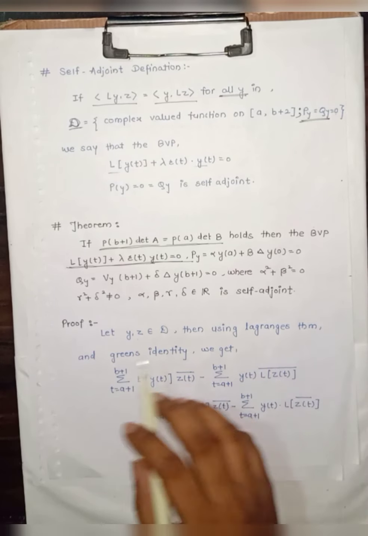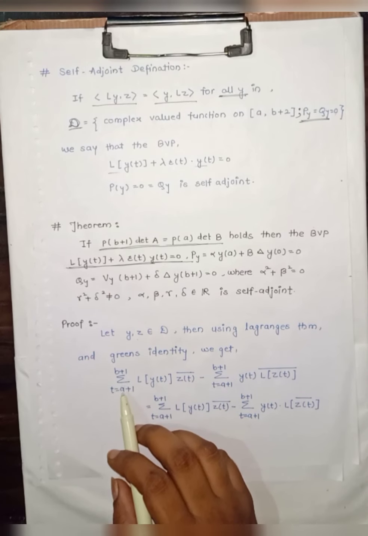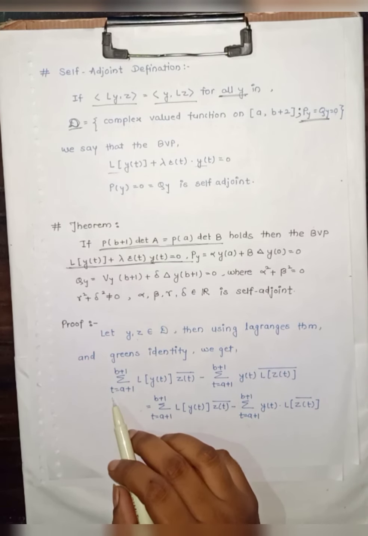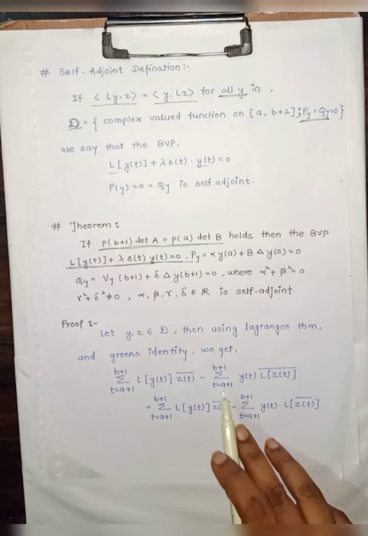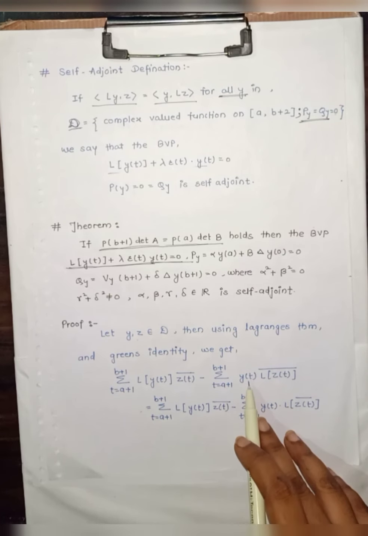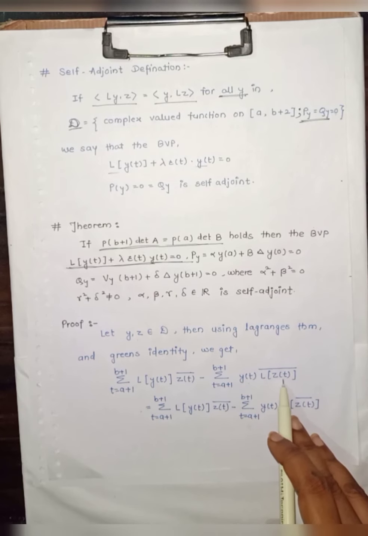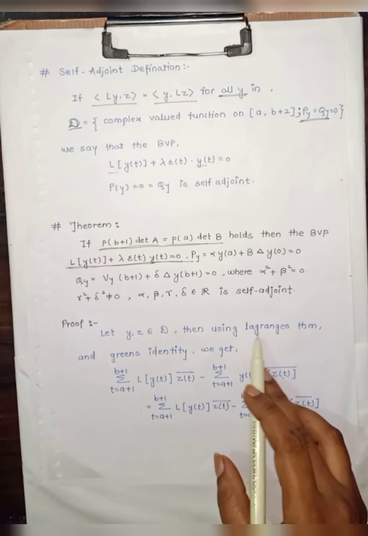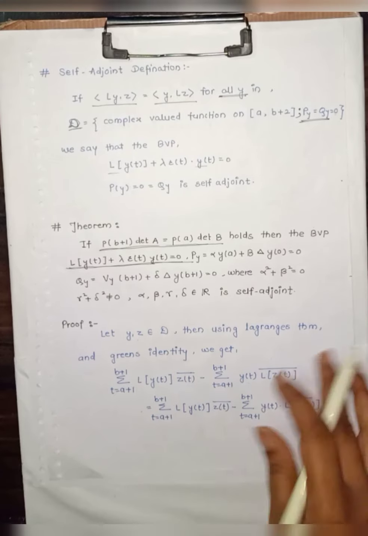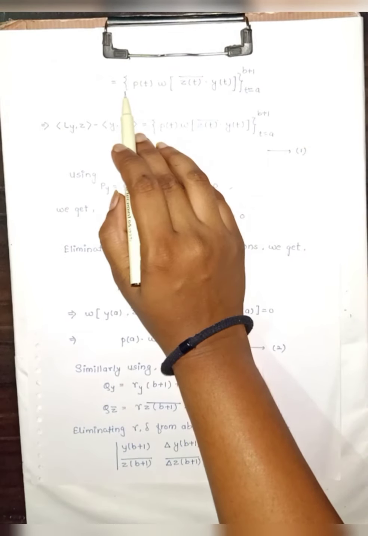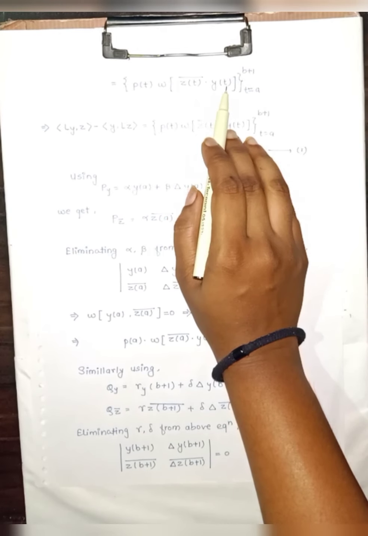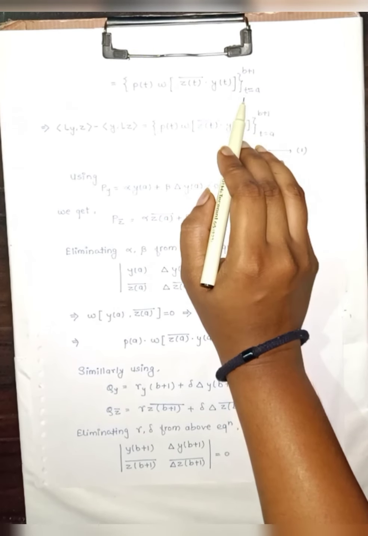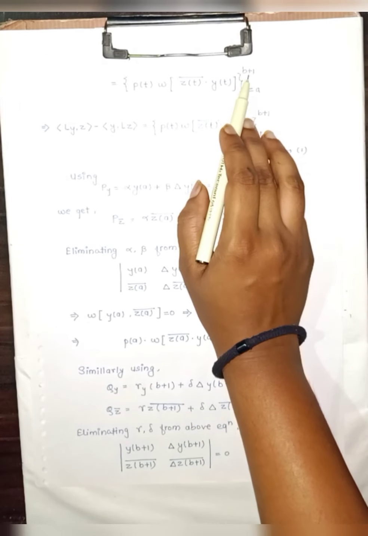So using Lagrange's theorem and Green's identity, we get the summation over t from a plus 1 to b plus 1 of L of y of t into z of t conjugate, minus the summation over t from a plus 1 to b plus 1 of y of t and conjugate of L of z of t. That is equal to, in the bracket, p of t into omega of z of t conjugate into y of t, with t varying from a to b plus 1.